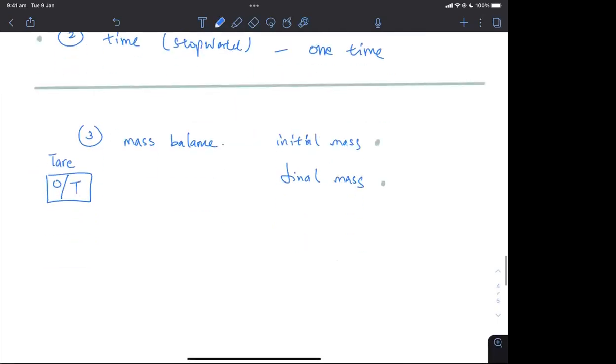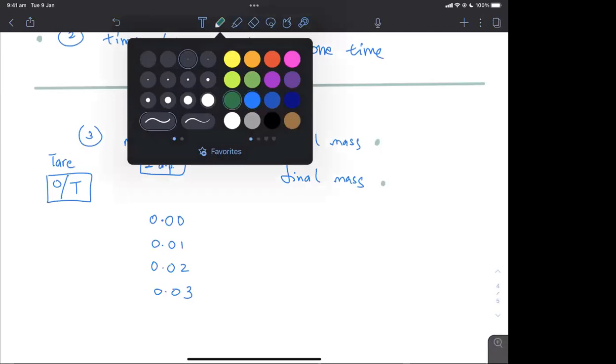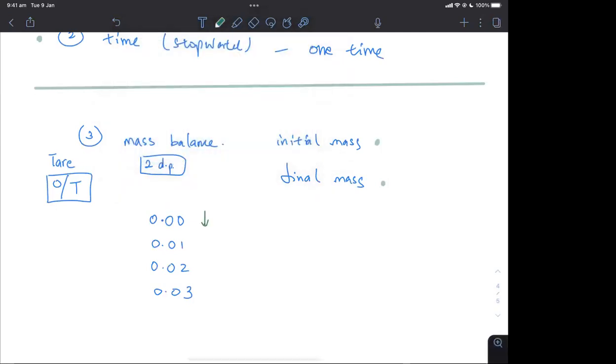If you think about your mass balance, which in the lab measures to 2 decimal places as required by the syllabus, you have 0.00. The next reading you see on the balance display will be like this. Your smallest division, they call it the graduations. That means the difference between the intervals is going to be 0.01 gram.